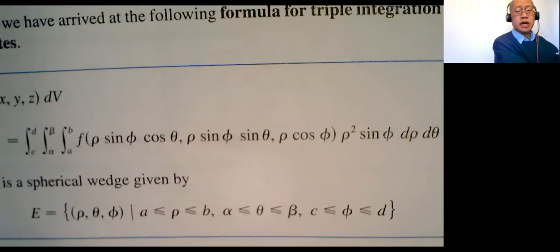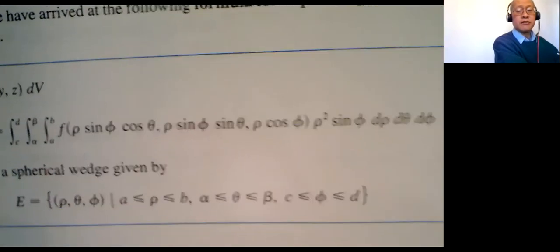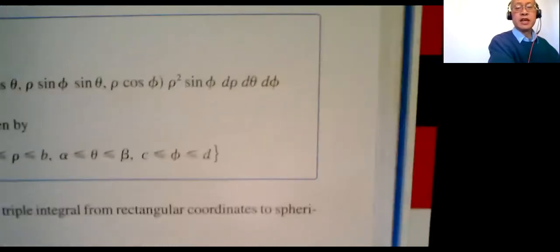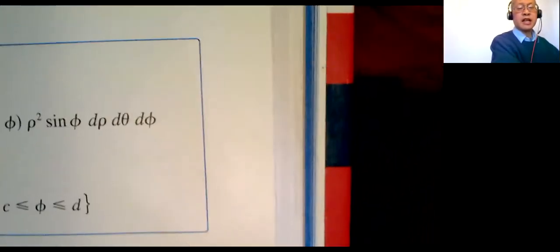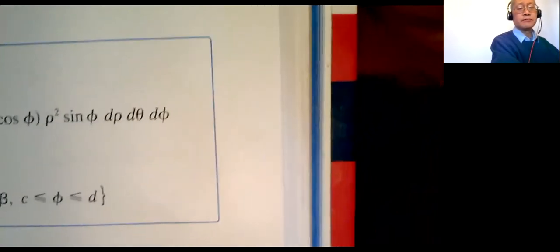Change y to rho sine phi sine theta. Change z to rho cosine phi. And now for dv, you have to multiply by an extra rho squared sine phi. See that at the end? That's dv: rho squared sine phi, d rho d theta d phi. Sorry, I have to put the book down for a rest.